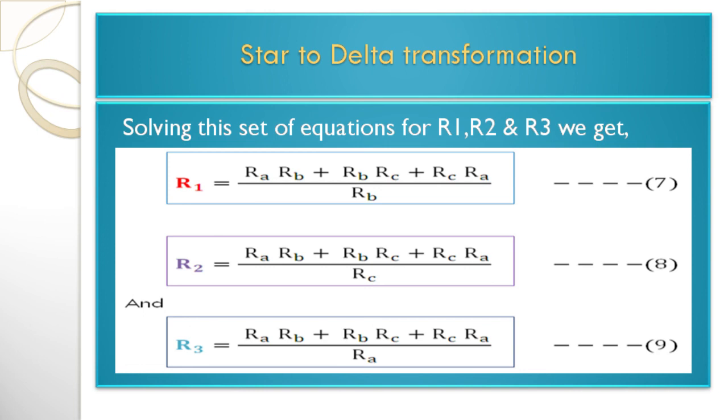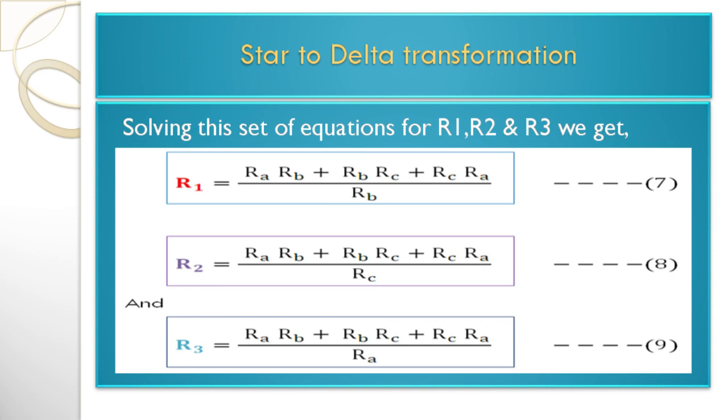Solving equation 1, equation 2 and equation 3 for finding values of resistance R1, resistance R2 and resistance R3 in delta equivalent network as below. Delta equivalent R1 resistance is equal to product of RA into RB plus product of RB into RC plus product of RC into RA divided by RB of its star equivalent.